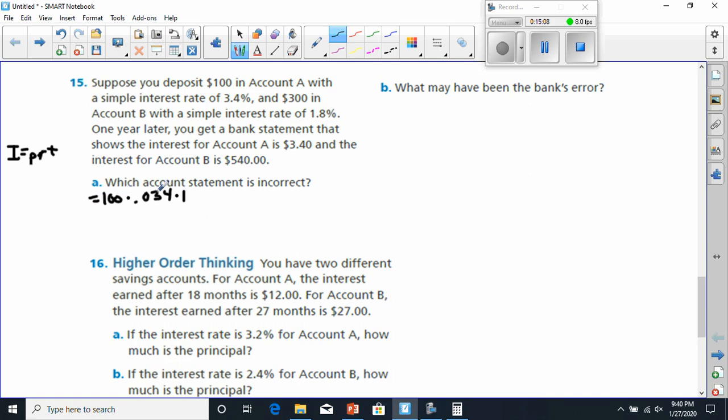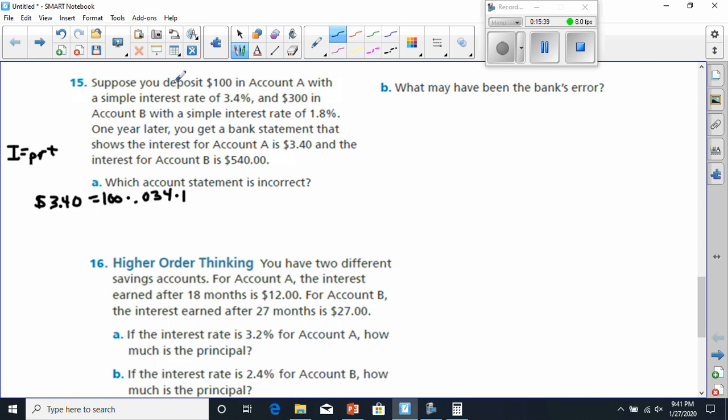Well, 100 times 1 is simply 100. But 100 times 0.034, that's going to move this back twice, which would be 3.4. And when you're talking about money, that's going to end up being $3.40. All right. So account A, it says 1 year later you get a bank statement that shows the interest for account A is $3.40. That's absolutely correct.